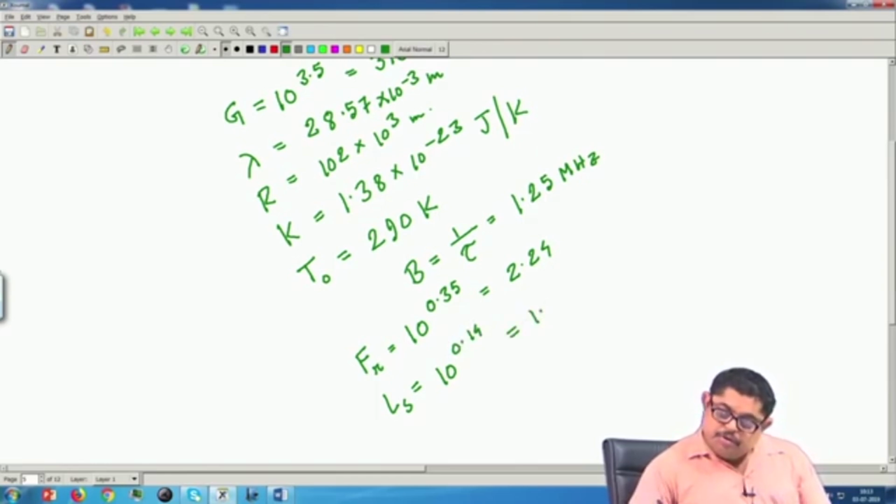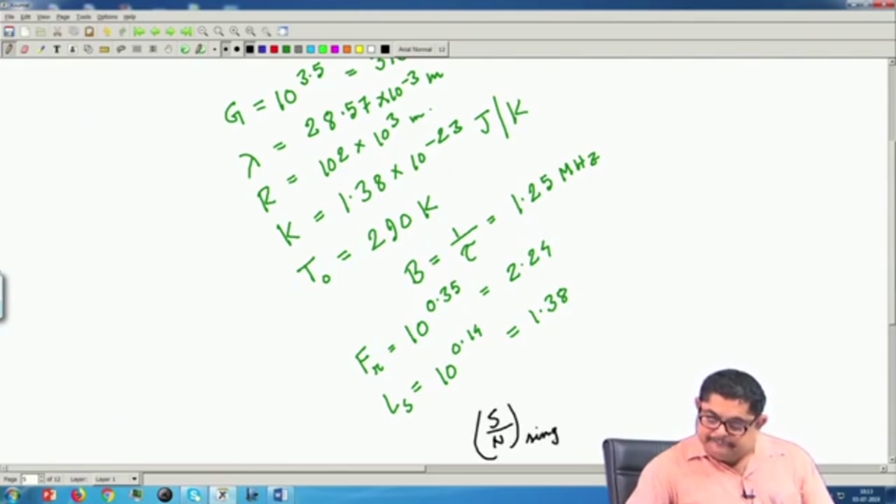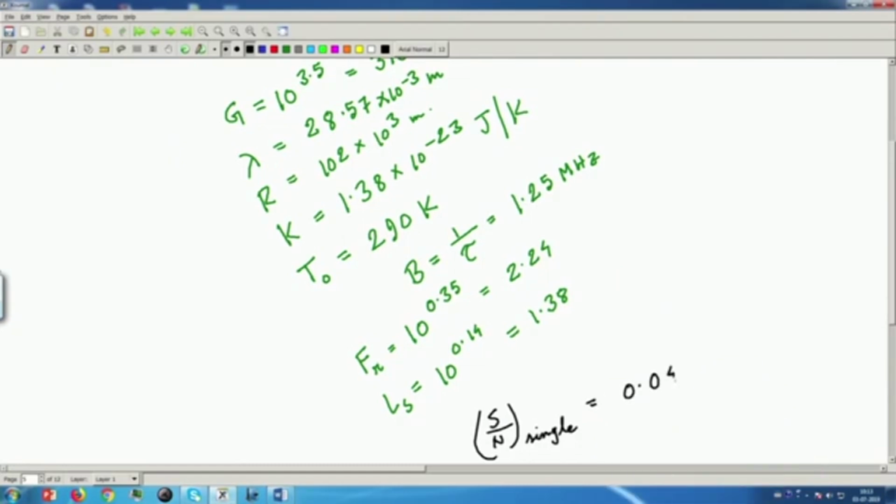So, if you put that, you get the value that we are looking for, that S by N single pulse, that will be 0.049 or minus 13.09 dB.